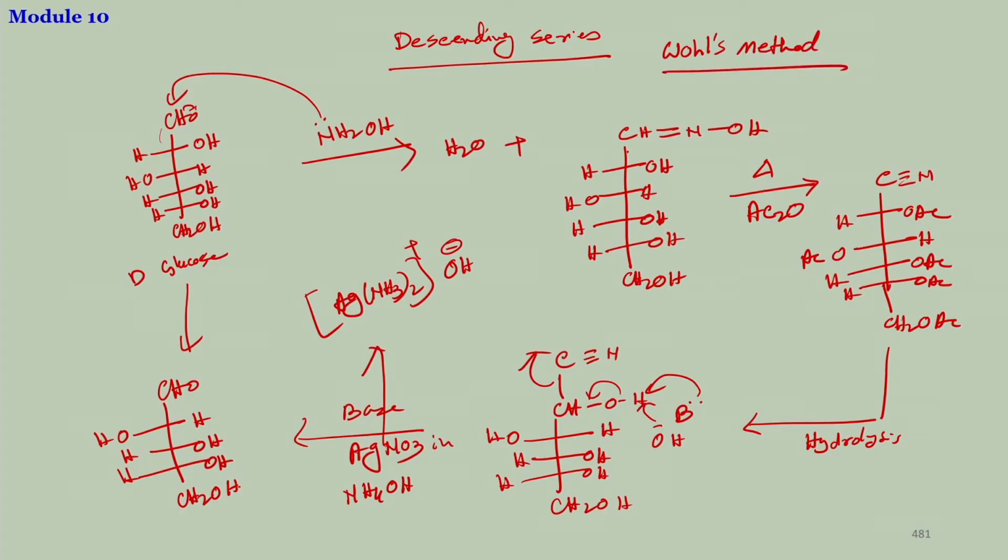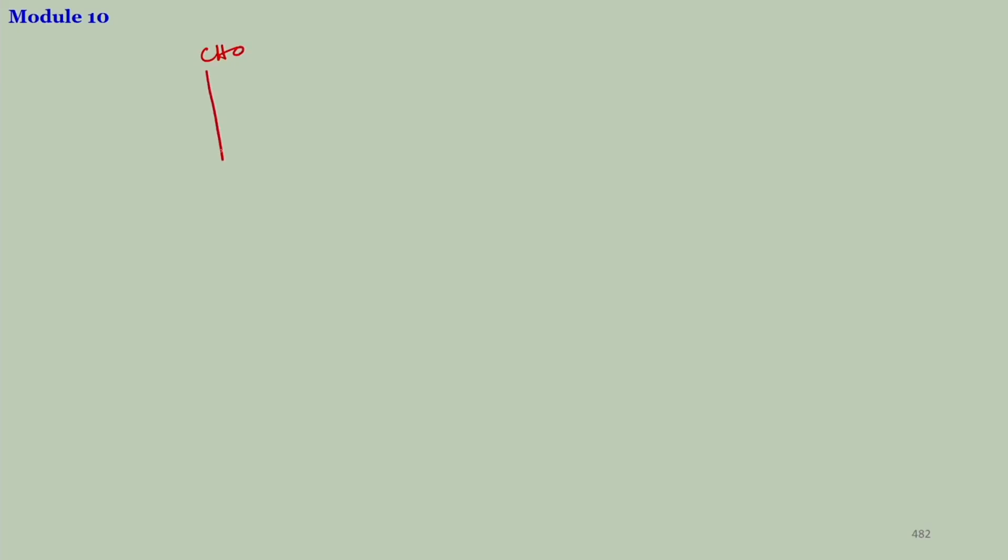To reduce sugars, okay, one to reduce a carbon. Second reaction is, if I start with the same glucose, CH2OH, glucose again, and then you treat this with bromine water.